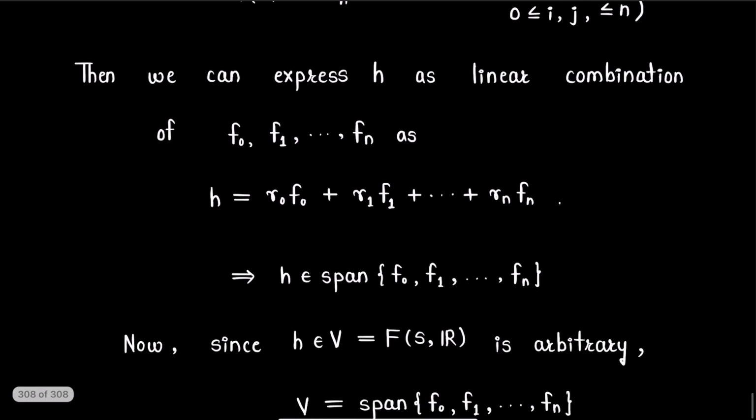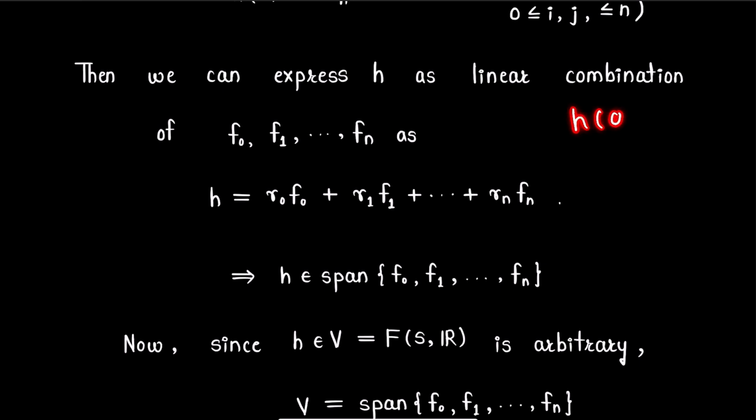Then note that this function h is a linear combination of f0, f1 up to fn, as h equals to r0 f0 plus r1 f1 plus and so on plus rn fn. Now how to verify this thing? We will find image of 0 under h and image of 0 under this linear combination, both will be same.